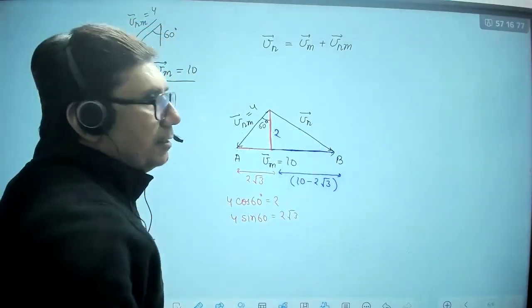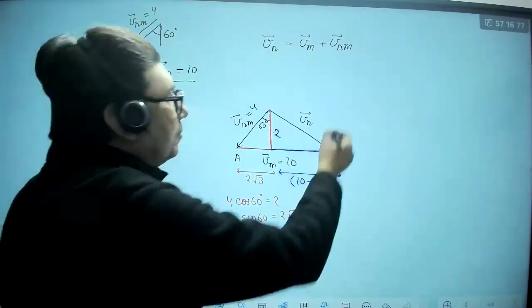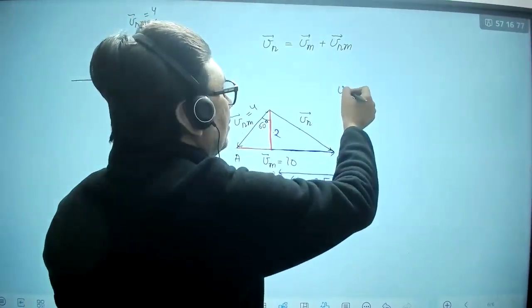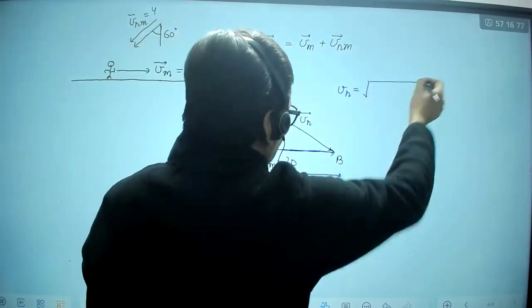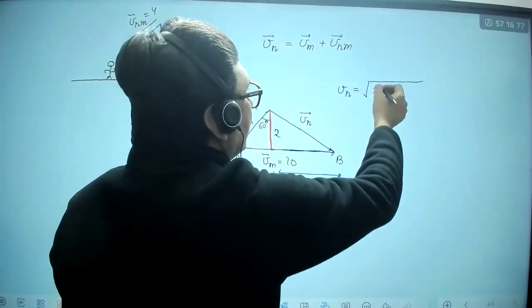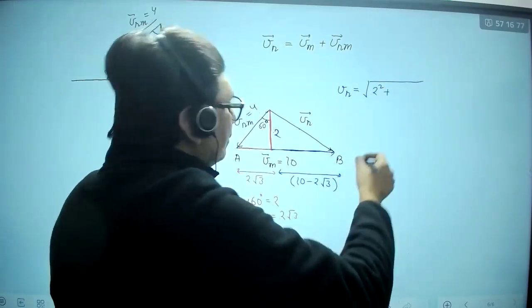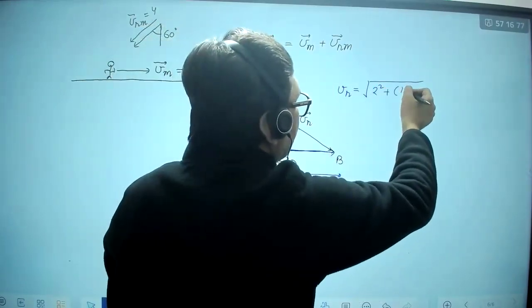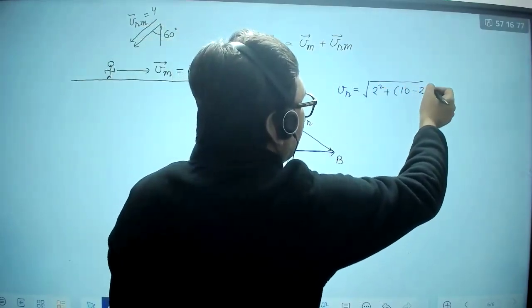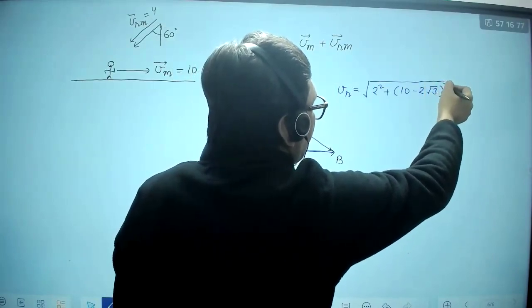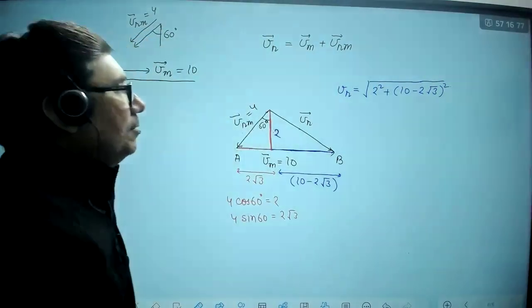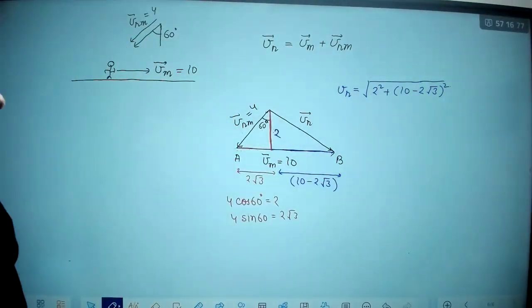So what will be VR? Pythagoras theorem. So VR will be simply the square root of 2 square plus 10 minus 2 root 3 whole square. Is it okay with everyone?